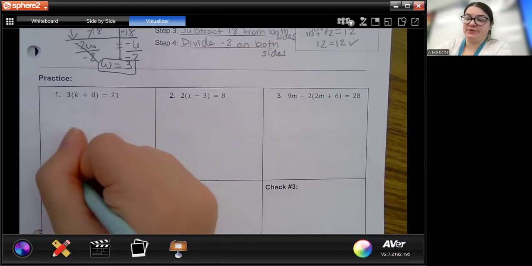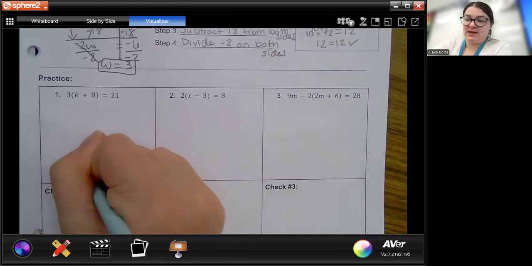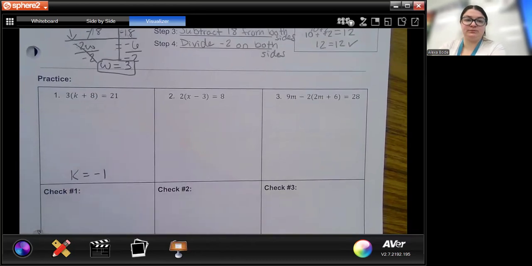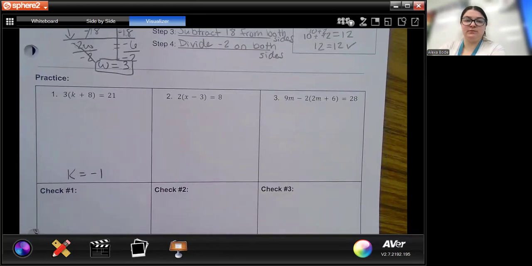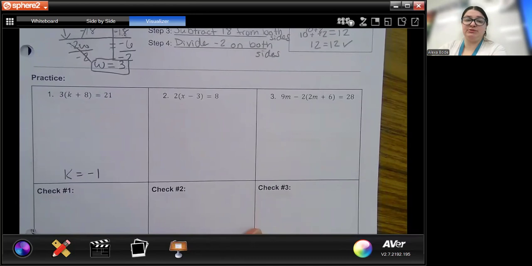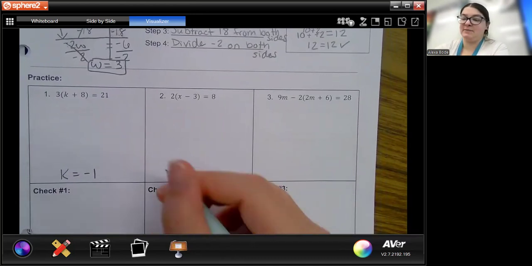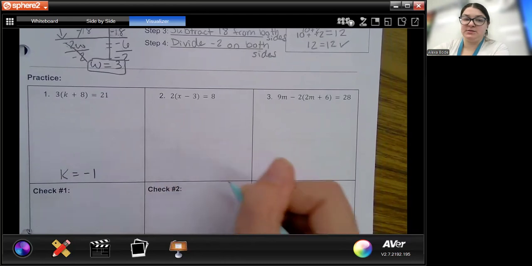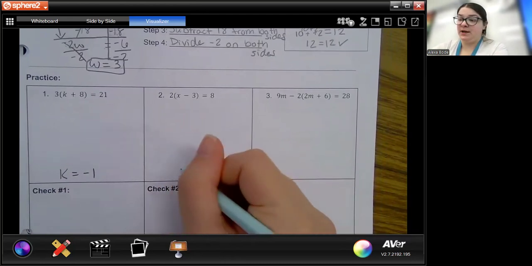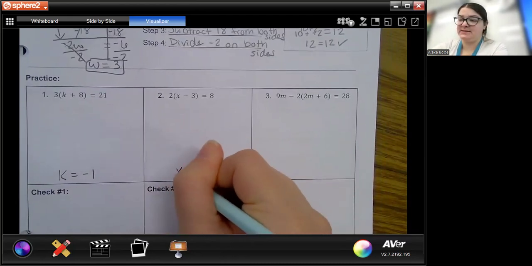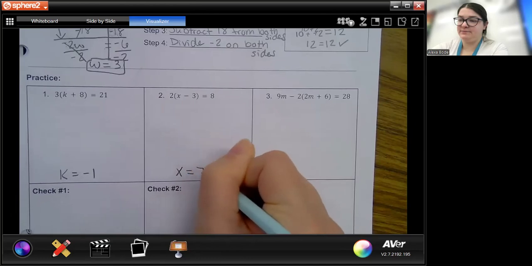Okay. So this first one, K equals -1. And I'm also known to make mistakes sometimes. So if I make a mistake with any of these, please let me know. Okay, so for this one here, this should be X equals 7.